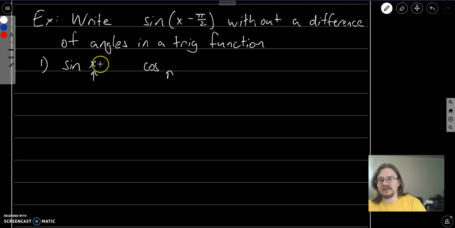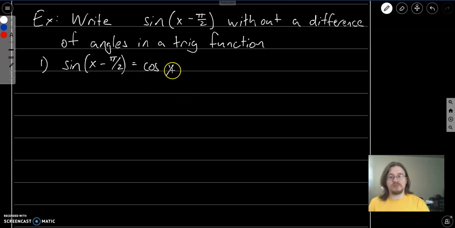If I write sine of x minus pi halves, and I want to know what to plug in to cosine to make that work, well, I know that this angle and this angle have to be complementary angles.